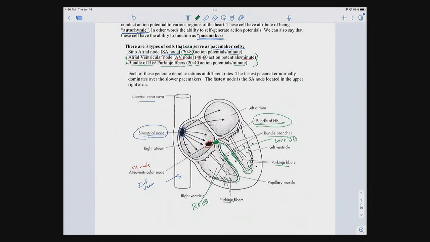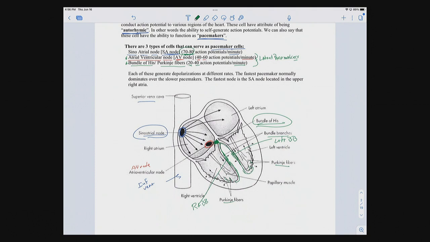The general rule is that the faster pacemaking cells will suppress any other pacemaking cells in the heart so that they no longer generate action potentials. We categorize these last two as latent pacemakers. They're there and have an ability to generate action potentials, but they won't, because they're being suppressed by the pacing of the SA node.